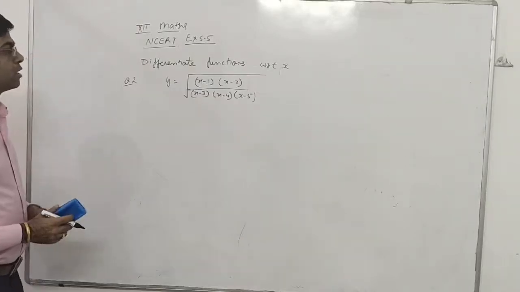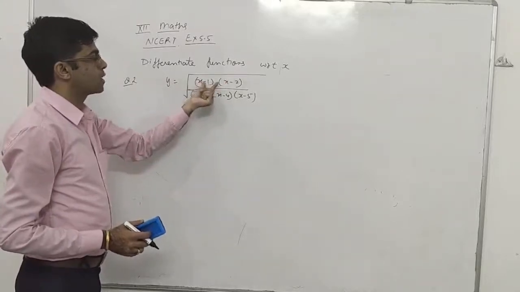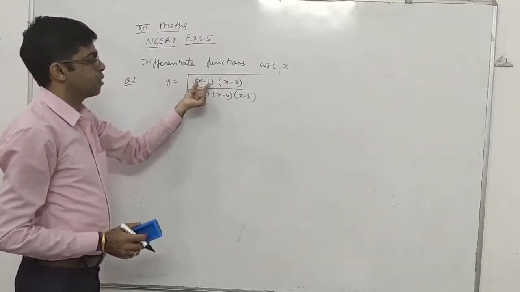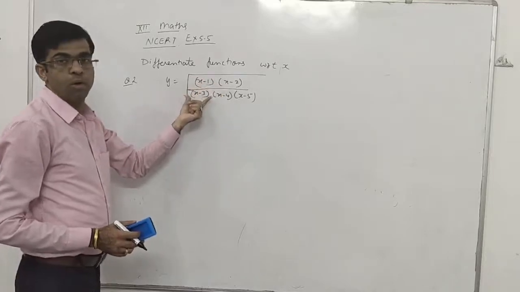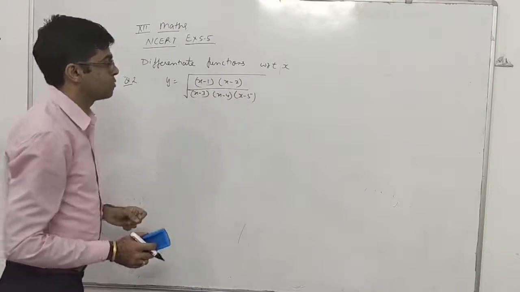Now the second question is y is equal to the square root of the product of x minus 1 into x minus 2, divided by x minus 3 into x minus 4 into x minus 5.